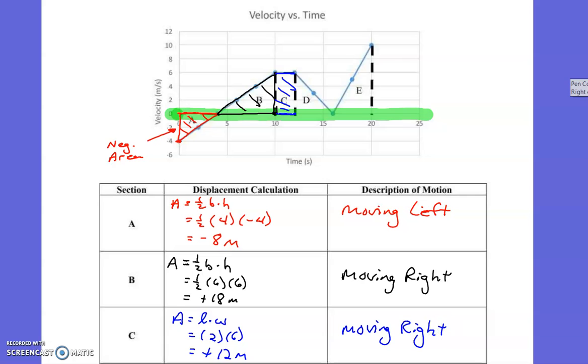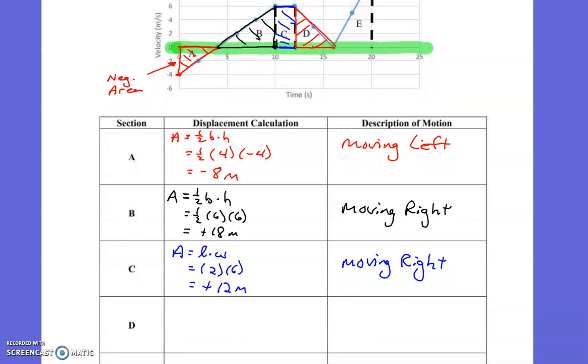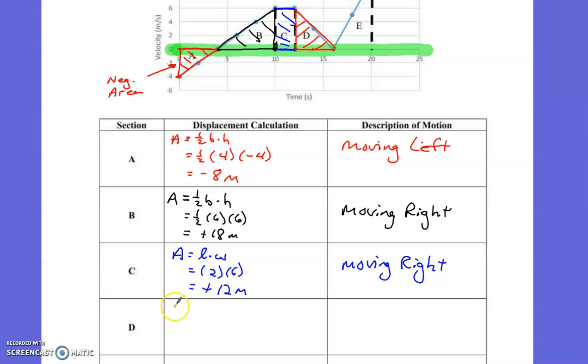For the next section, part D, again we're finding the area between the line and that horizontal axis. This is going to make a triangle, and therefore the area is 1/2 base times height. The base is from 12 to 16.